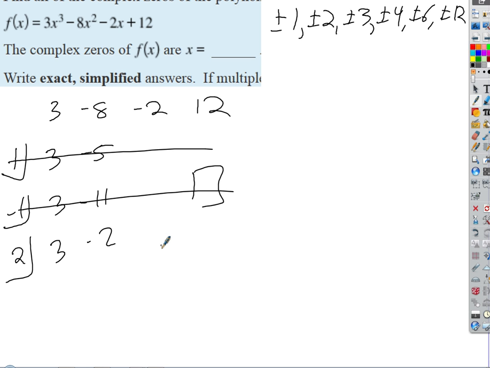It's not going to work, is it? Or is it? -4, yeah, it's going to work. Isn't it? Yeah, it's going to work. 2 times -6 is -12 plus 12 is 0, right? Everybody see that? Okay.